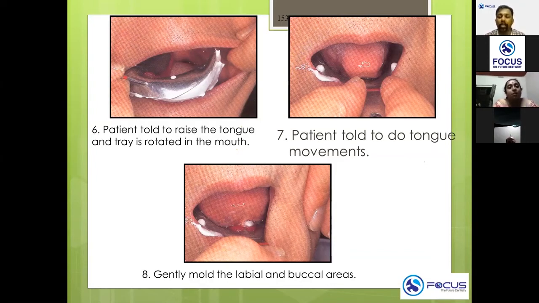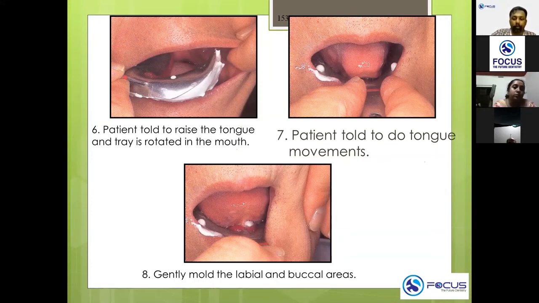Anterior tongue movement: the tongue is asked to touch the upper lip, or to be put outward, in order to record the anterior portion of the alveolar lingual sulcus. The middle and posterior regions are recorded by lateral movements of the tongue. The distobuccal region is recorded by asking the patient to close the mouth against force. Then the buccal and labial sulcular depth are recorded by doing the cheek movements downward, outward, and upward.